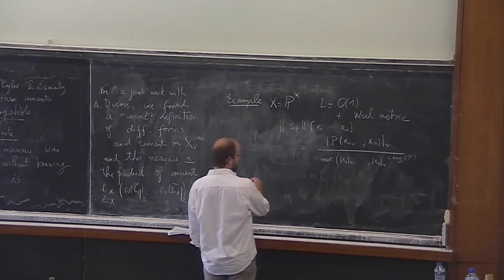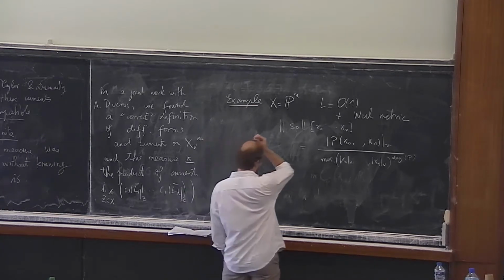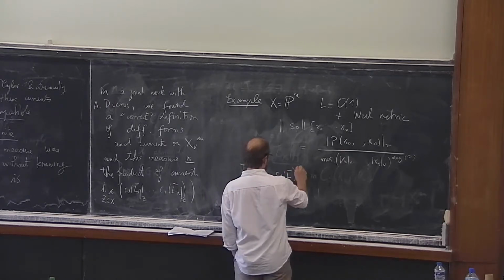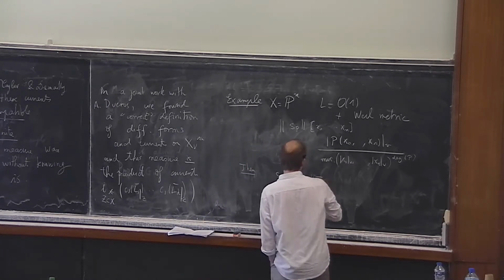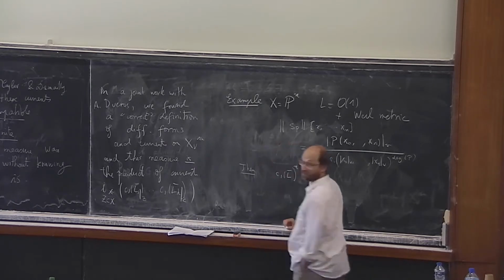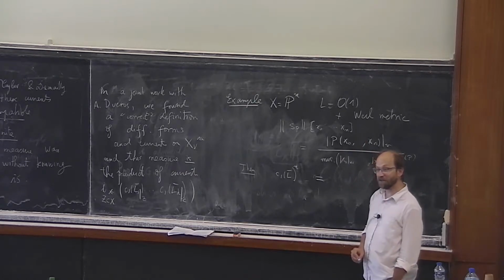And then what are the measures c1 of L bar to the n? I will give two different formulas according to v being finite or infinite.